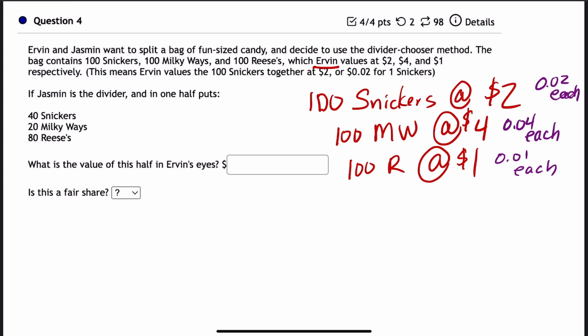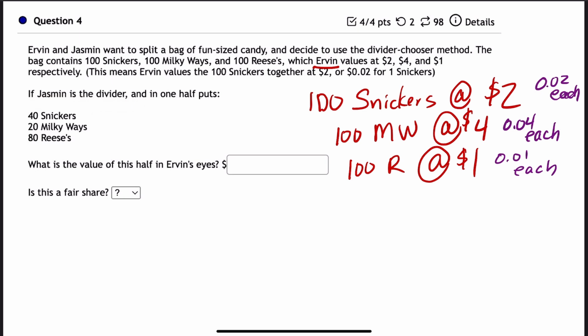I assume that since we're trying to figure out if Irvin feels like this is a fair share, he must not be the divider. Jasmine must be the divider. Actually, it says right here, Jasmine is the divider. So there we go.